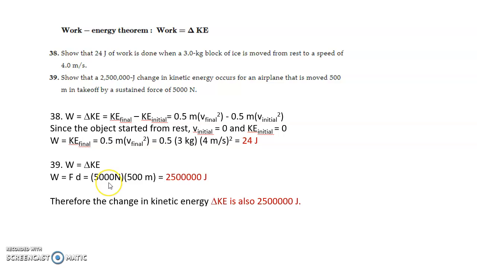So the force applied here is 5,000 newtons and the distance moved is 500 meters. So our work done is 2,500,000 joules. And the work done is the same as the change in kinetic energy, so the change in kinetic energy is the same value.